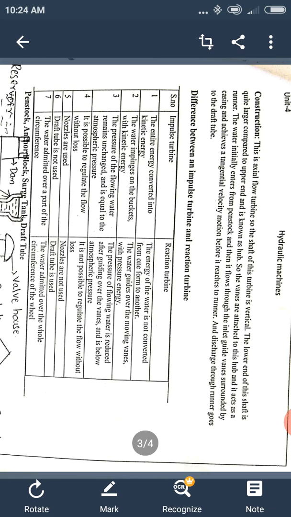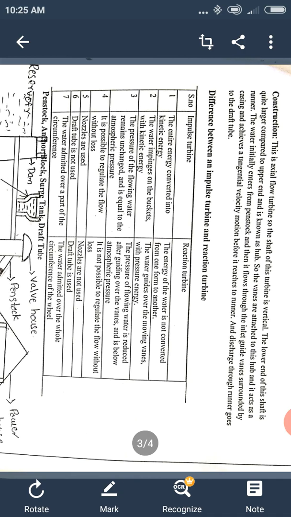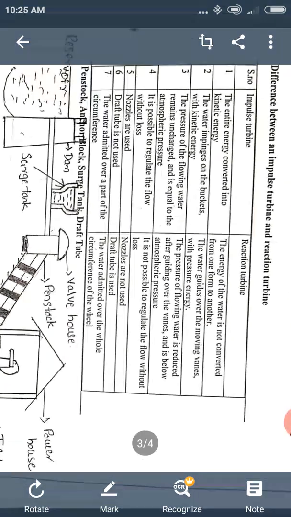The water initially enters from the penstock, then flows through the inlet guide vanes surrounded by the casing, and achieves tangential velocity before it reaches the runner, and discharges through the runner and goes to the draft tube.